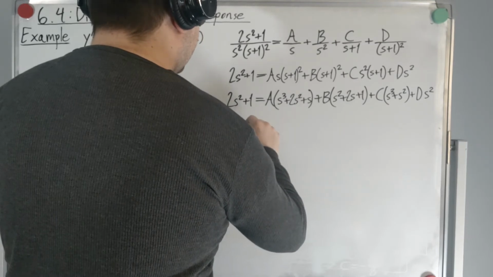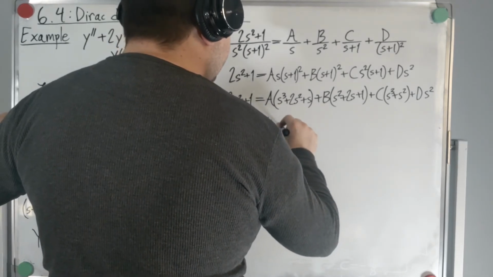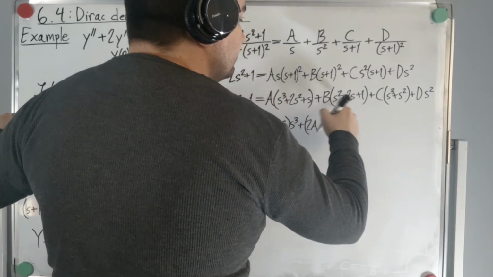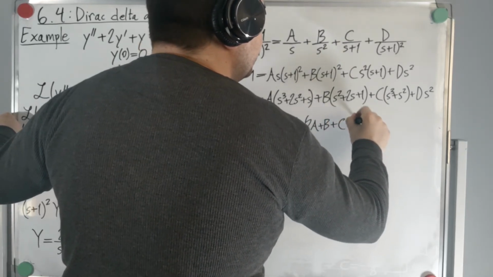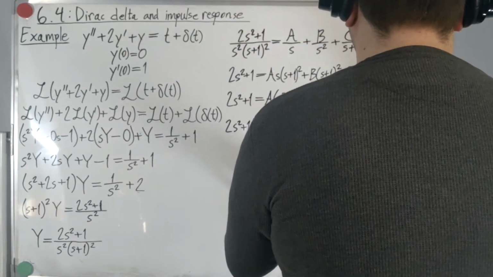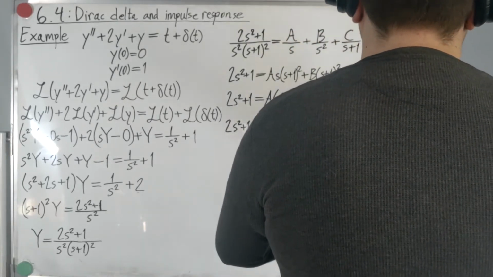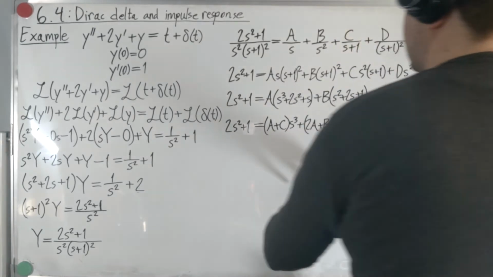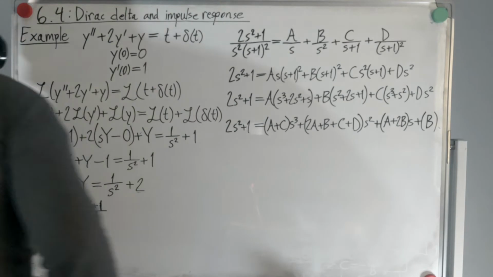So 2s squared plus 1 equals, let's see here, (A plus C) times s cubed plus (2A plus B plus C plus D) times s squared plus (A plus 2B) times s plus B times s to the 0.